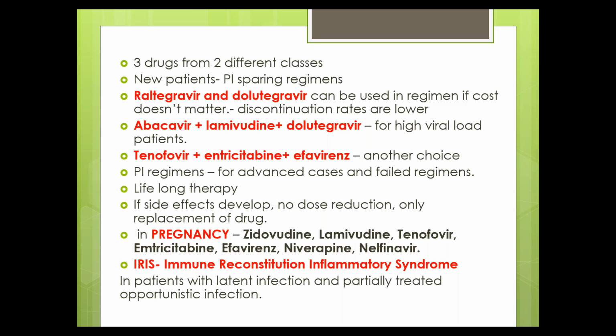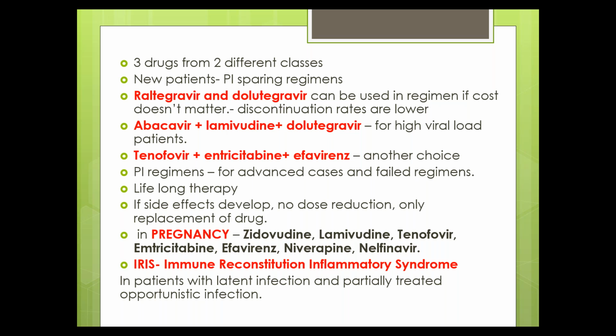Okay, now the protease inhibitor regimens, where protease inhibitors are included, are used only for advanced cases, meaning they have already been treated with some other drugs and there is no improvement in the patient and the regimen has failed. Okay, or we can say if resistance has developed, then we'll go for the protease inhibitor regimen. Okay, remember always, it is not like TB.